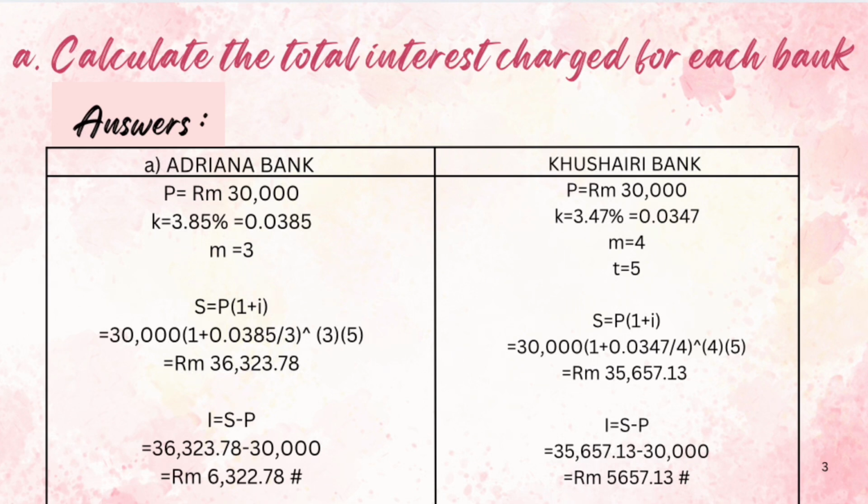We also need to find the total interest using the same formula, I equals S minus P, which is 35,657.13 minus 30,000. So we will get 5,657.13. By comparing the interest charge by both banks, Adriana Bank charges 6,323 ringgit and 80 cents, while Koshari Bank charges 5,651 ringgit and 30 cents.